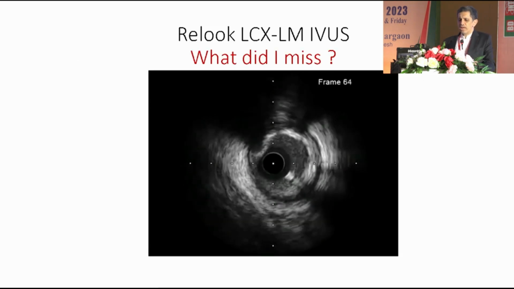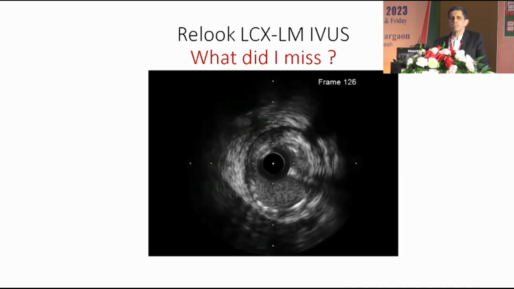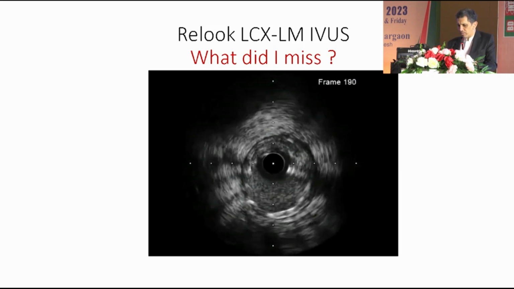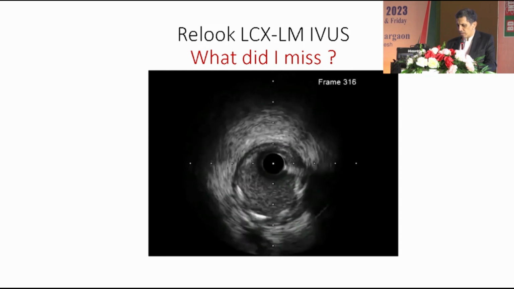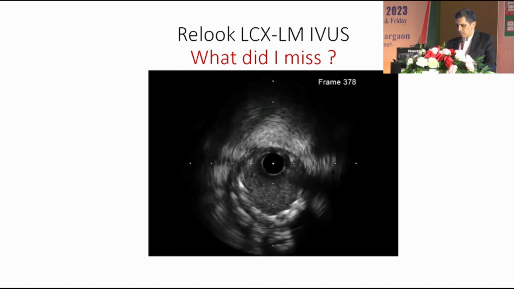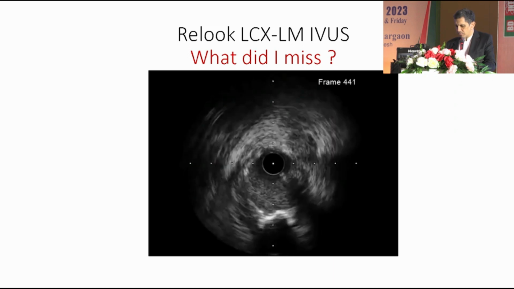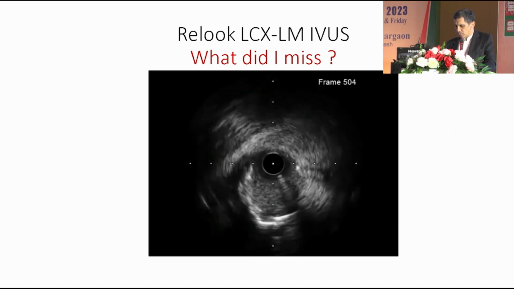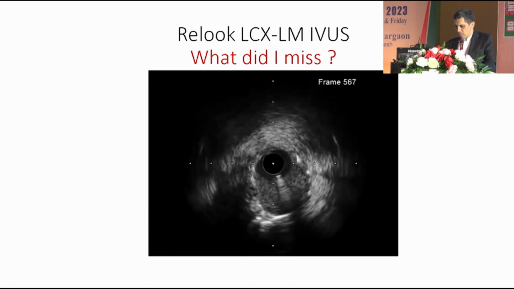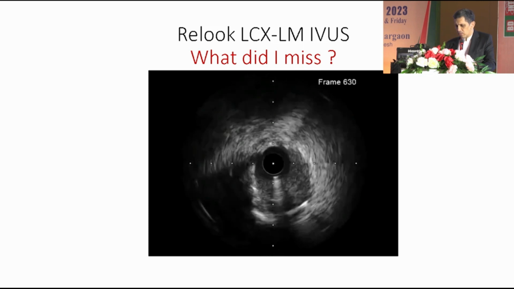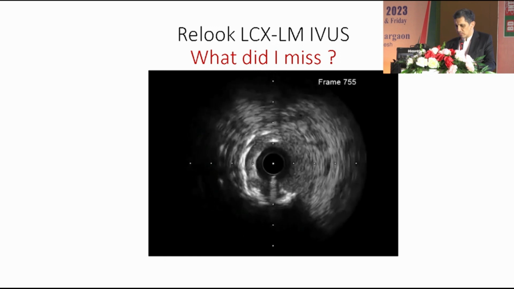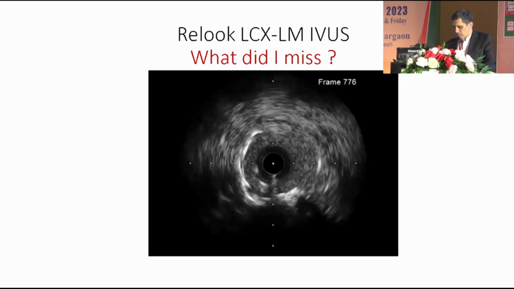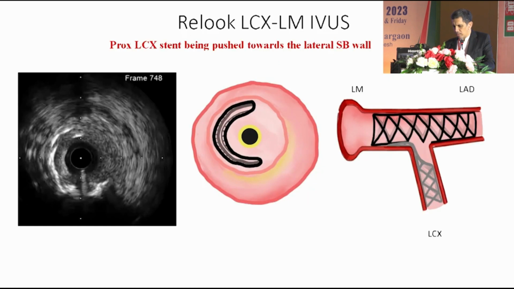But what actually I missed when I re-looked at the left main IVUS, left circumflex from IVUS, look at the ostial part of the circumflex, sorry. Yeah, that's what I got.